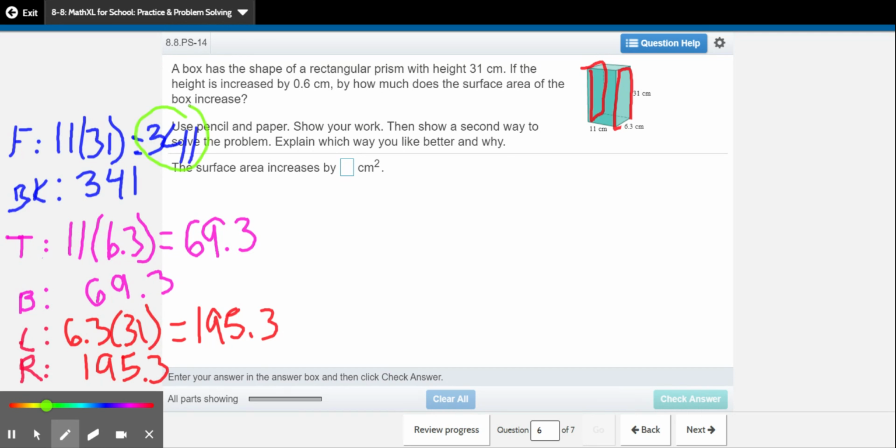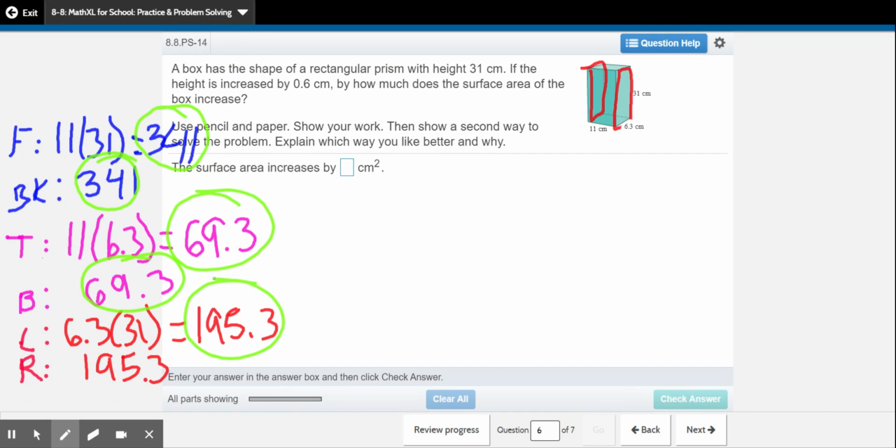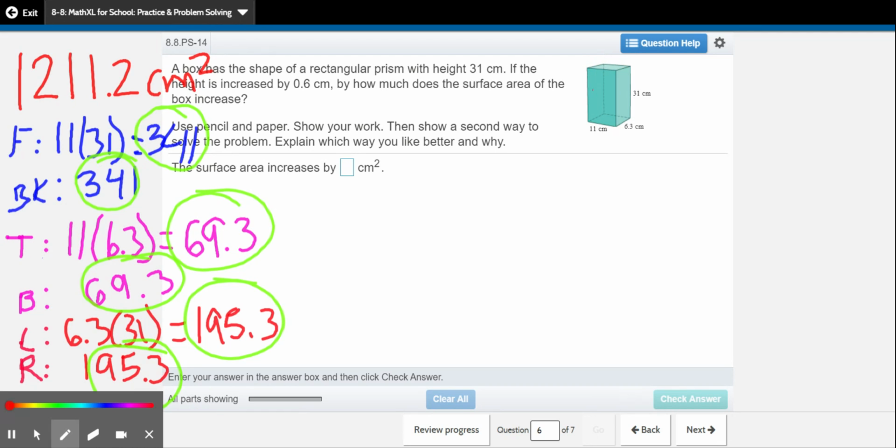Now we're going to add up all 6 sides, and we get 1,211 and 2/10 centimeters squared. So now we're halfway through.